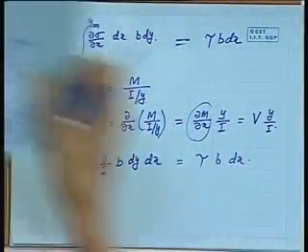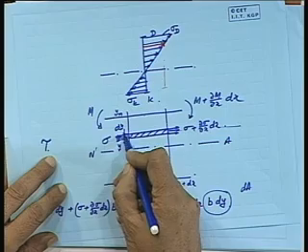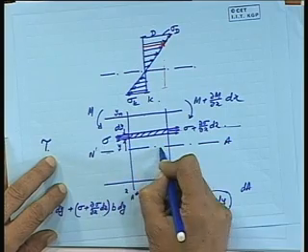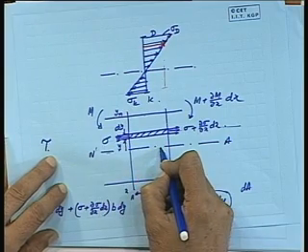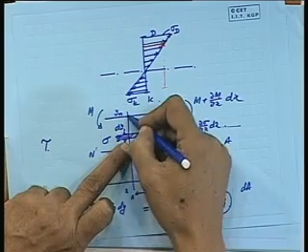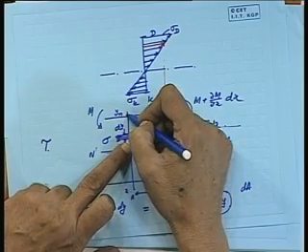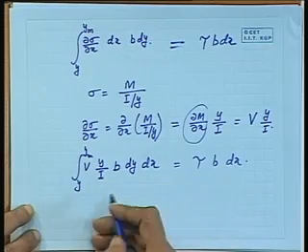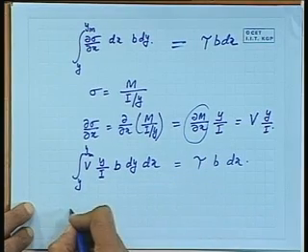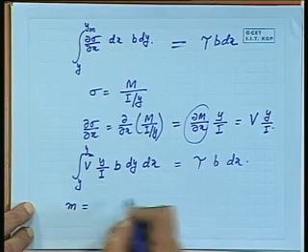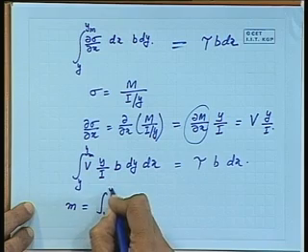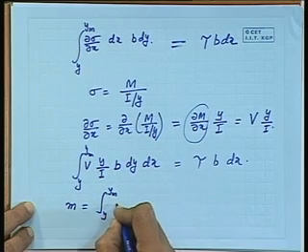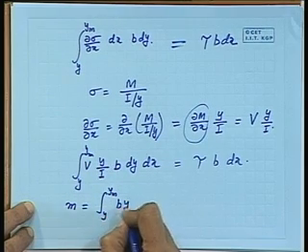So what you are trying to do is find out the moment of this elemental area about the neutral axis, and such moments you are trying to sum up from y to y max. So we can designate by some quantity M, which is the integral from y to y max of y b dy.